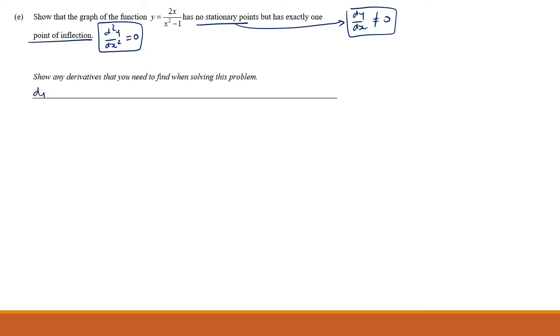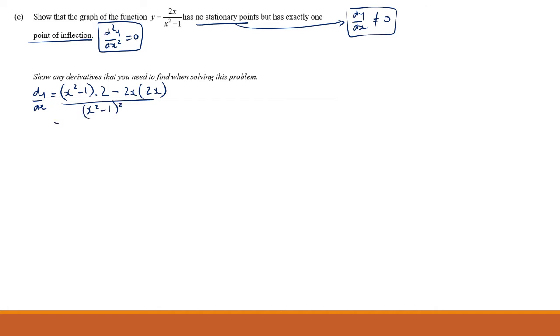So dy by dx is going to be, that's the quotient rule, so write down the bottom times the differential of the top, minus write down the top times the differential of the bottom, which is simply just 2x, isn't it? This is all over x squared minus 1 all squared.